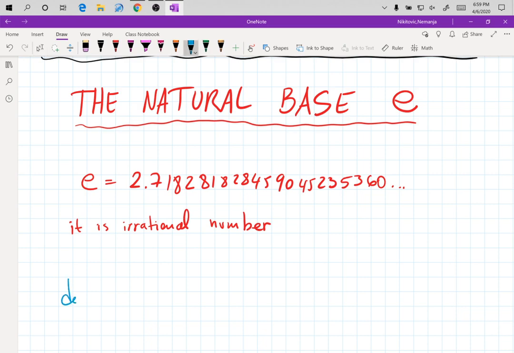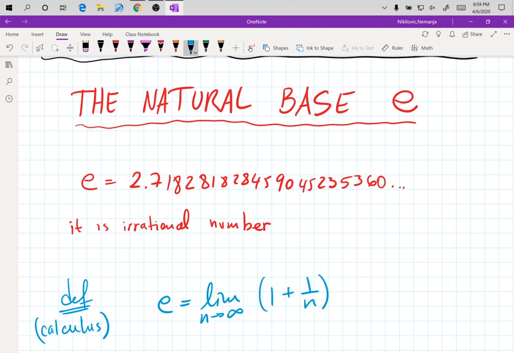The definition: E equals the limit as n goes to infinity of 1 plus 1 over n to the n.